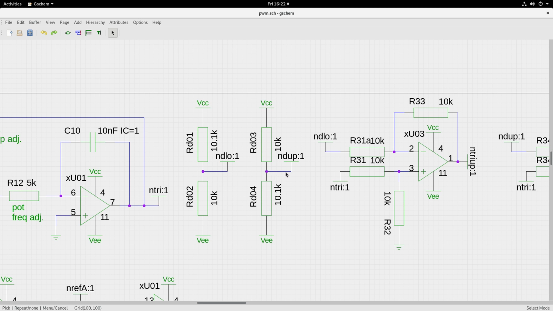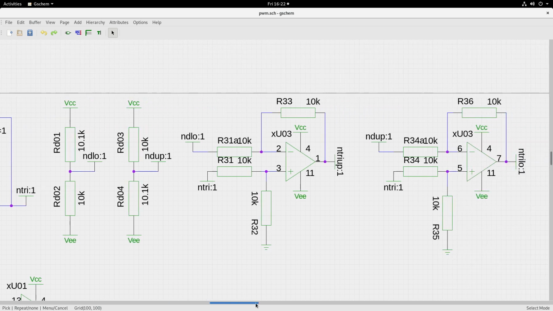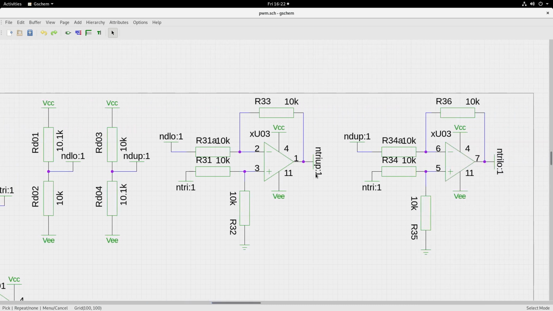So when you take the center points here, this will be slightly negative and this will be slightly positive. So I am calling this one ND lower, ND upper. You use that one to add to the triangle. So to the triangle, you are adding it using a diff amp stage, and you will get the triangle upper.